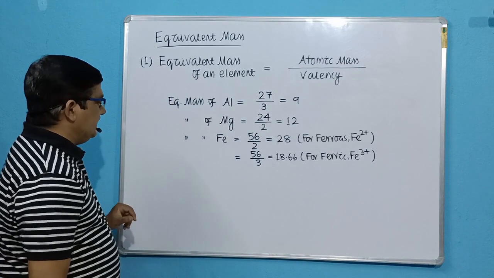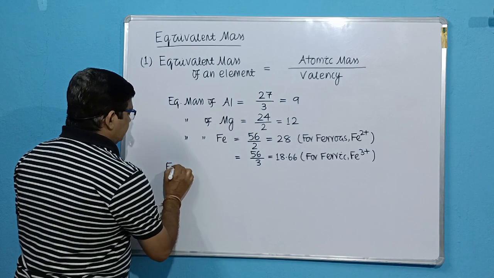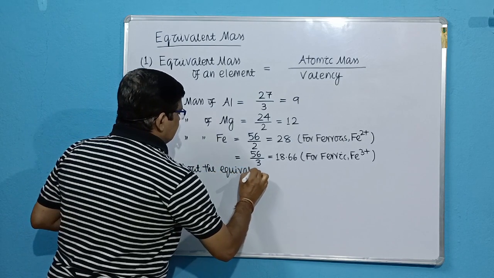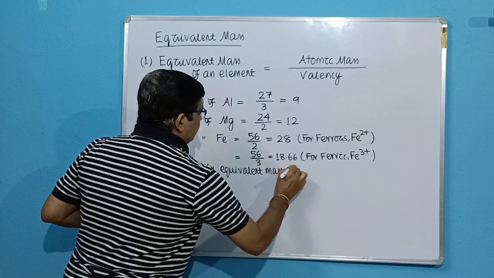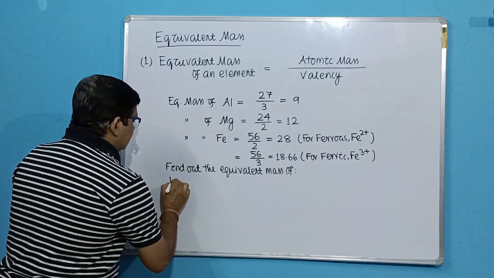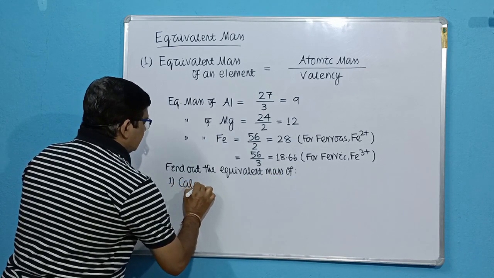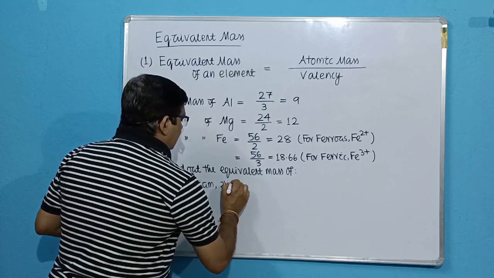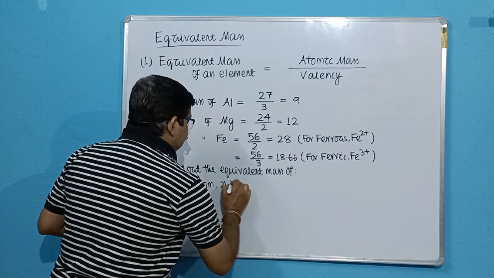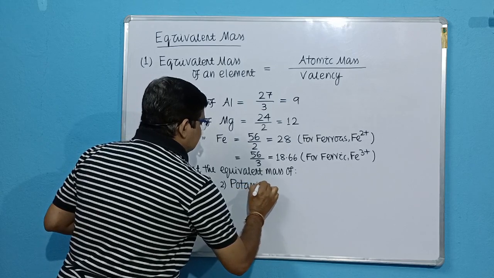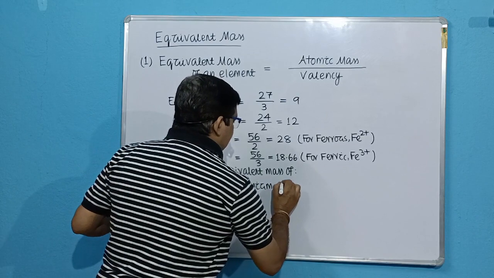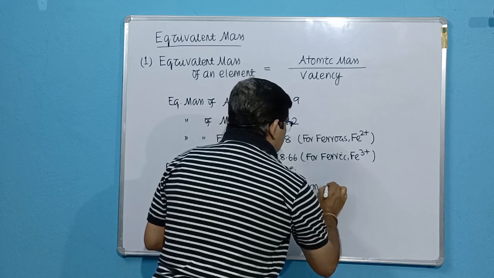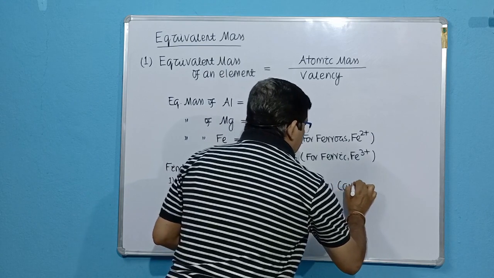So simple formula, you can do it easily on your own. These are the examples. So using these examples, the assignment is to find out the equivalent mass of the following elements. 1 for calcium, 2 let us say potassium, 3 silicon, 4 carbon.